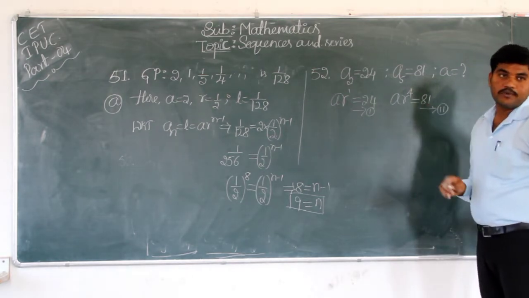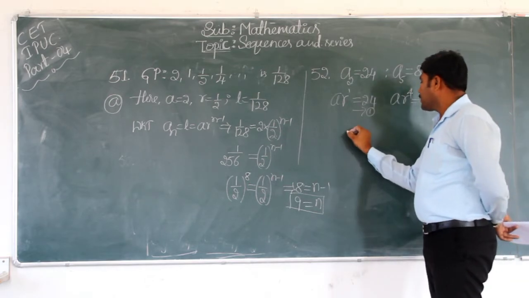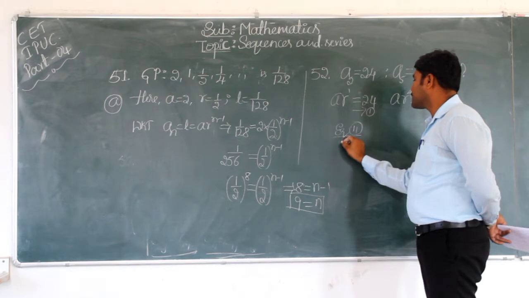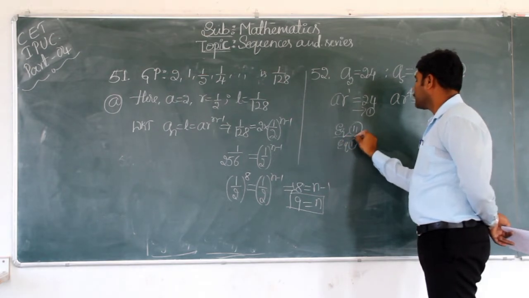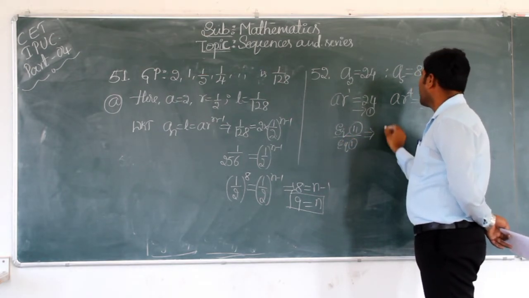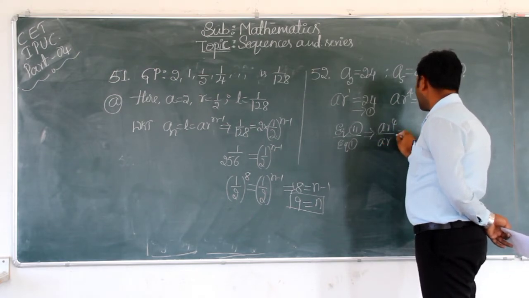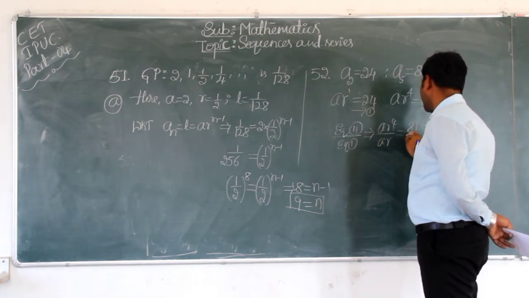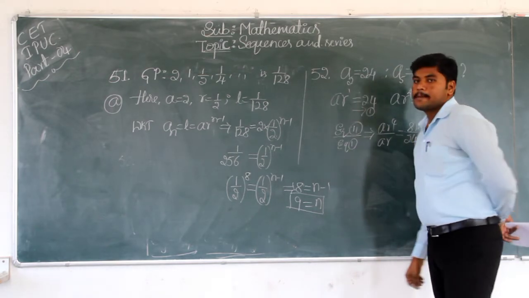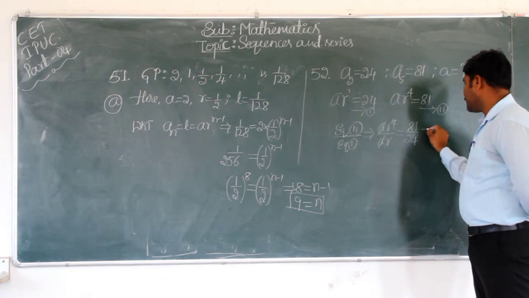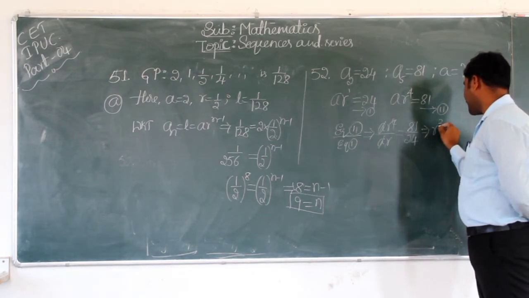Now divide equation 2 by equation first. So it becomes A into R to the power of 4 upon A into R, is equal to 81 upon 24. A cancels out, R cancels out, it's R cube.